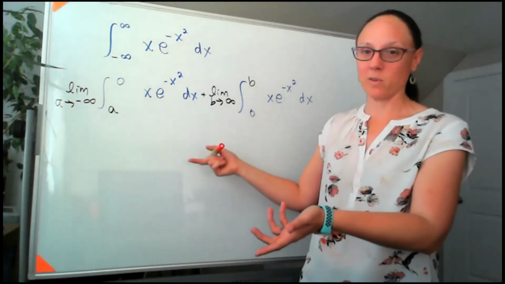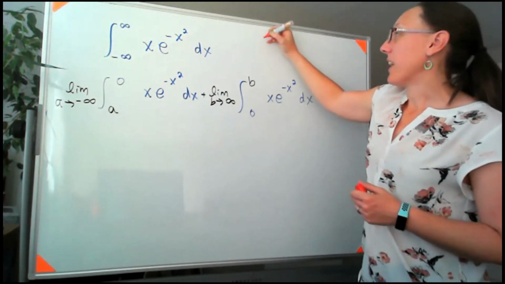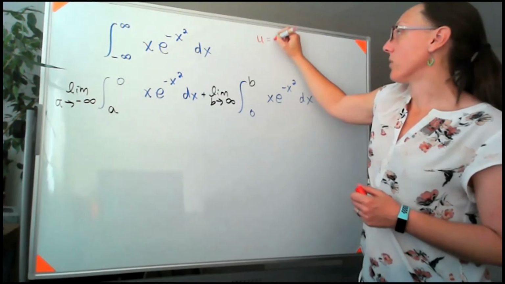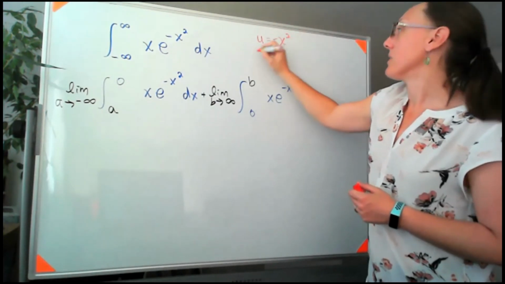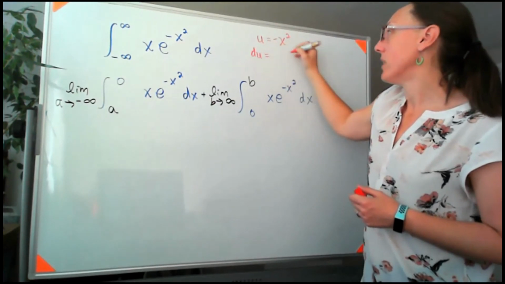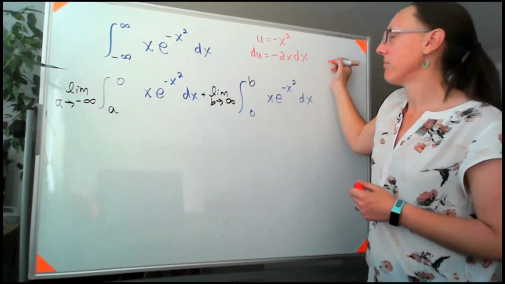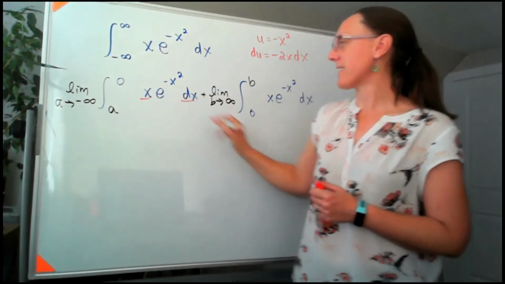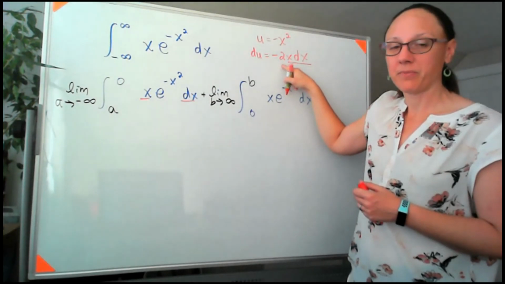Yes, we have a u substitution. I'm going to let u equal negative x squared. And that means that du is equal to negative 2x dx. I have the x dx, but I don't have the negative 2.